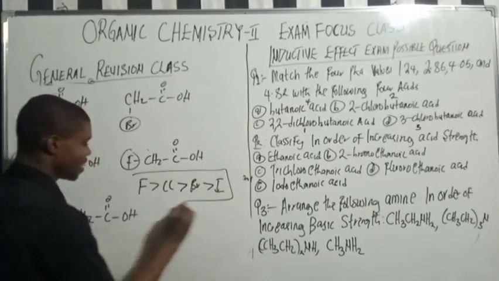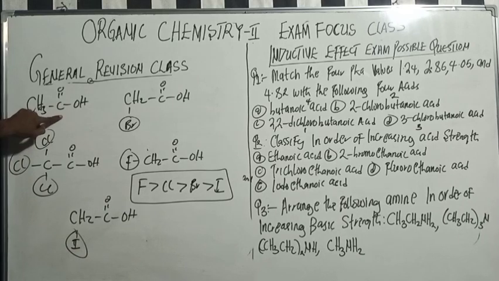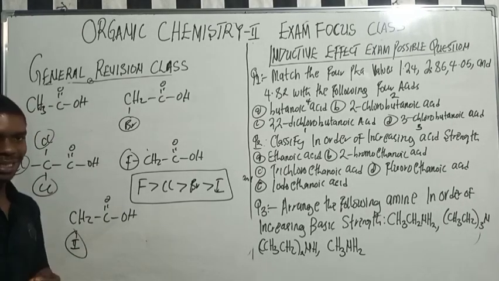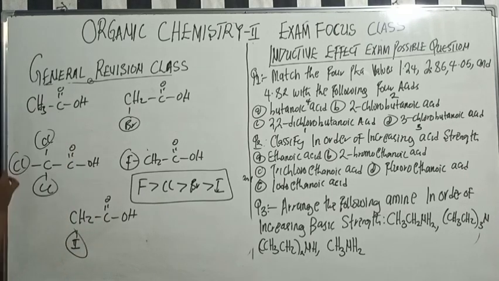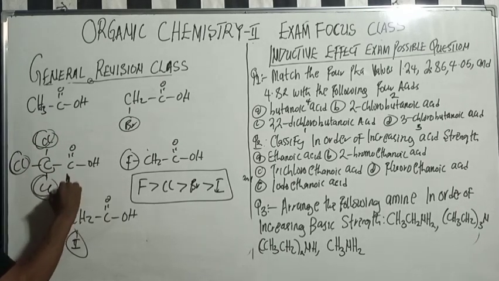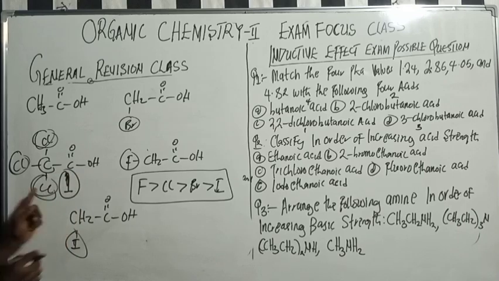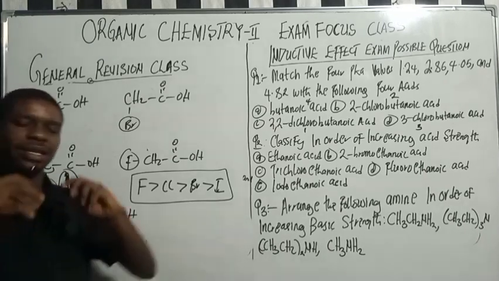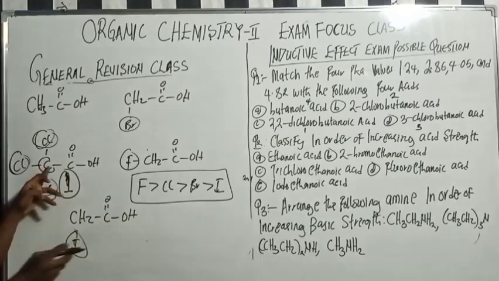You need to understand this. The one that doesn't have any minus I effect is going to be the lowest acid. The one with 3 chlorine groups is going to be the highest, number one, because it has 3 chlorine groups attached to the second carbon.